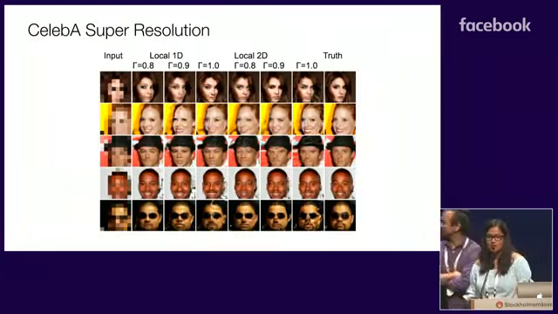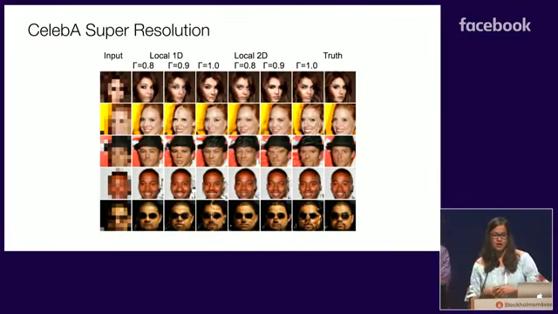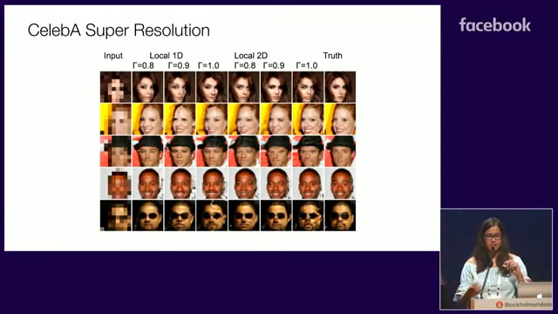We also run super resolution on the CelebA dataset, and you can see samples from our local 1D and 2D model with different sampling temperatures. Because the low resolution does not have a lot of details, our model is still able to capture orientation or stuff like sunglasses, beard, and small little details that are not present in the low resolution image.